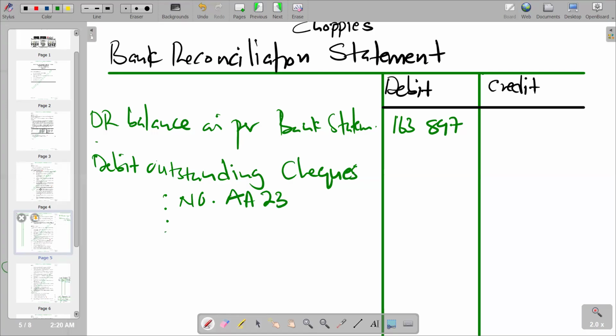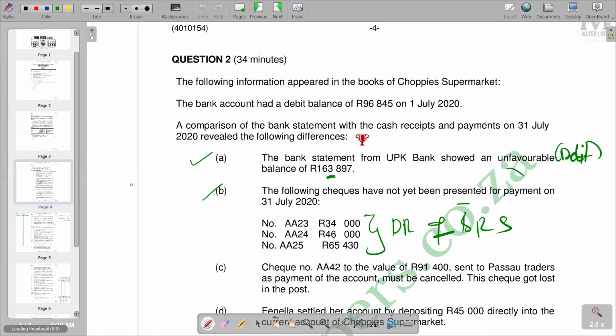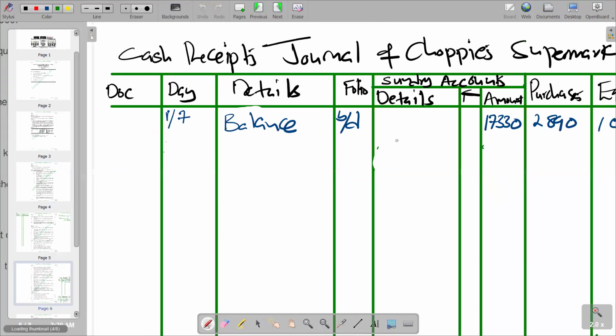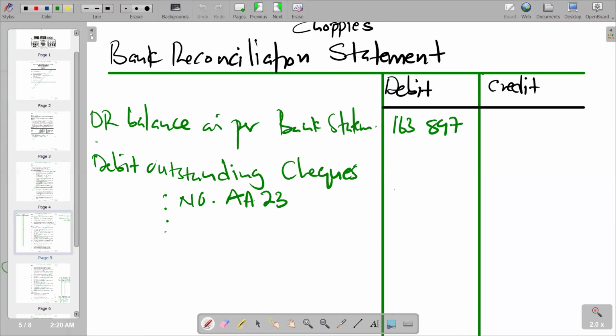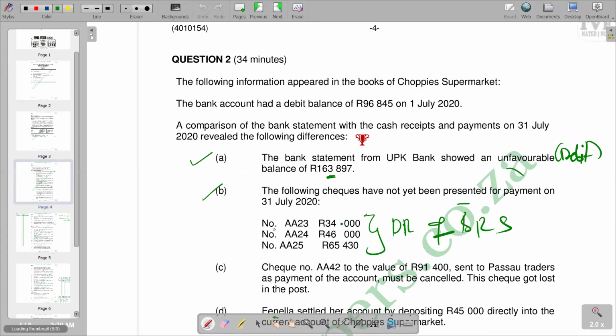And the A823, we can just try to see in terms of the amount, just take 4,000 here. Then we check the next check, A824, 46,000.